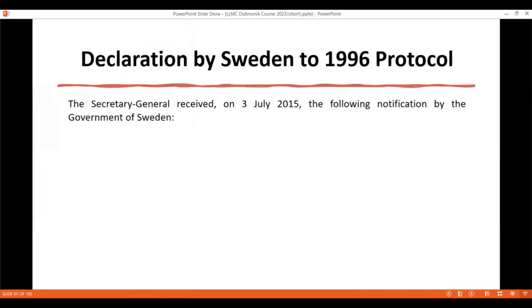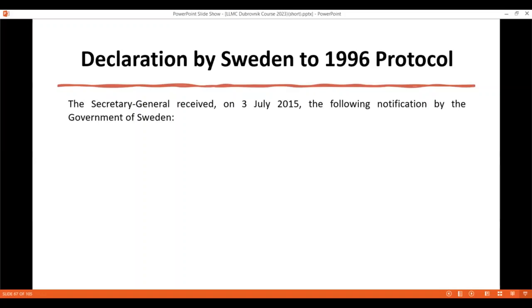Now, when I had done my research, I thought that although the 1996 protocol could not be amended on that point, insofar as passengers are concerned, until such a time as it was amended, states should take action and should try to harmonize. It's a whole new discussion, so I cannot go into it for time, but to harmonize it with the 2002 protocol.